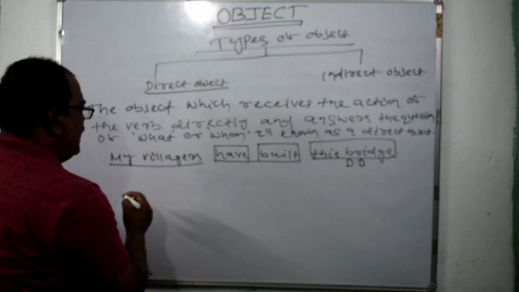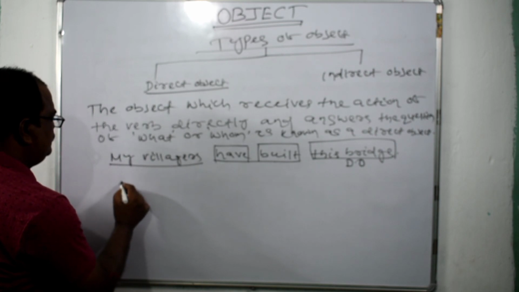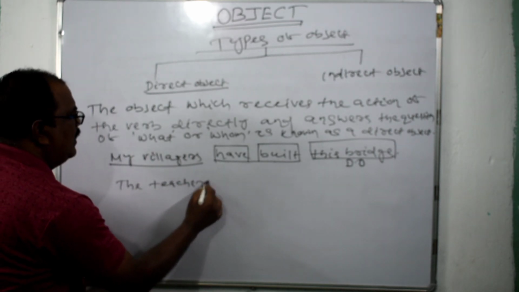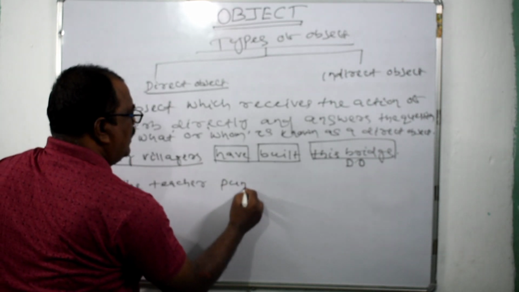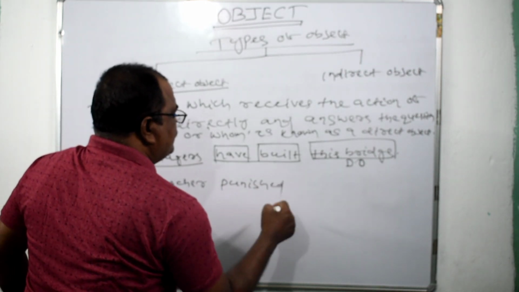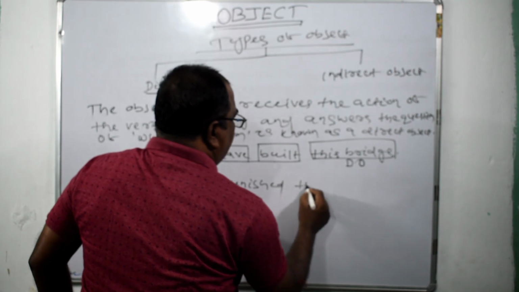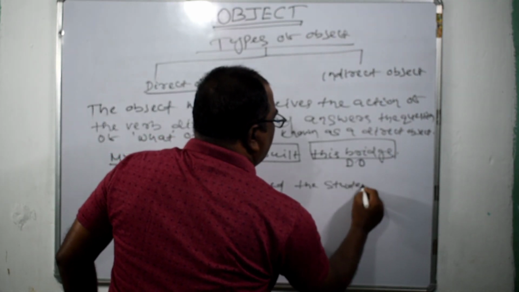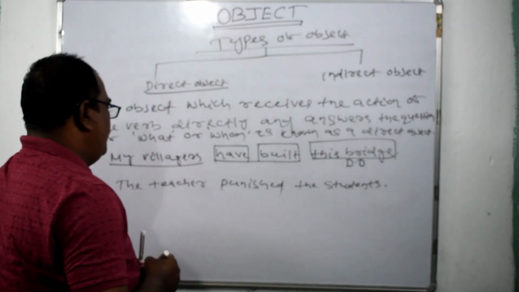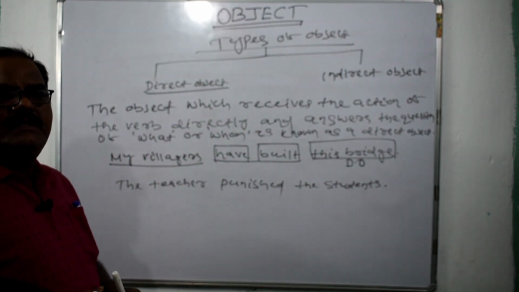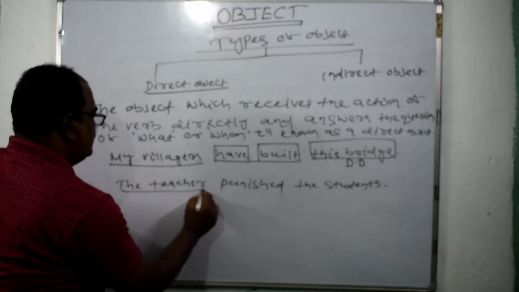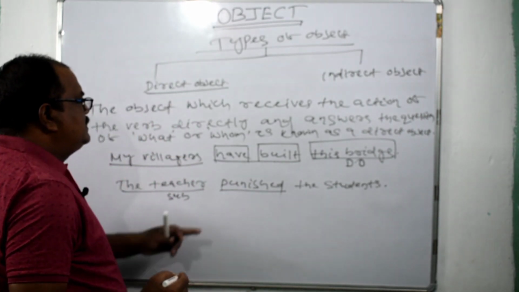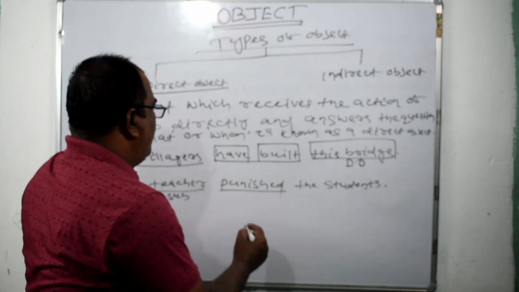We can take another example. The teacher punished the students. Who punished? The teacher punished. Subject. This is an action word.